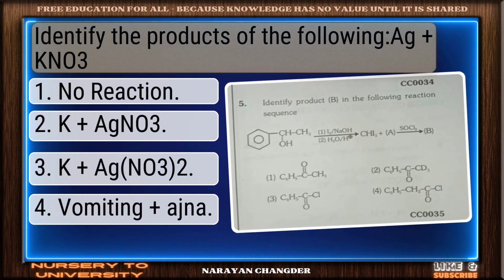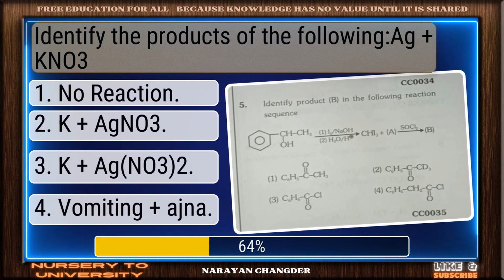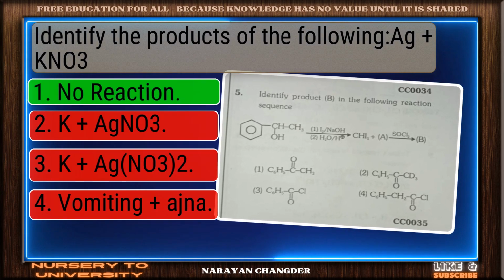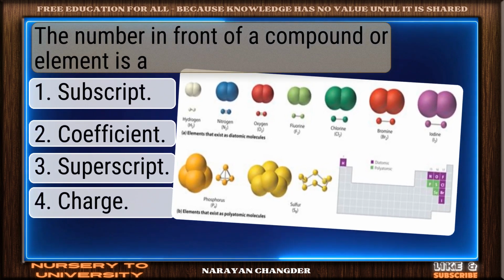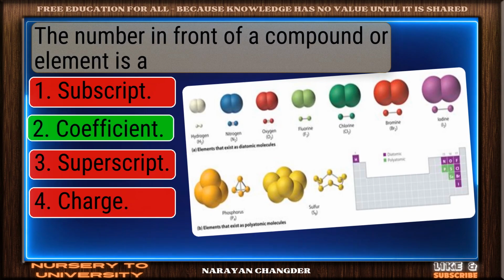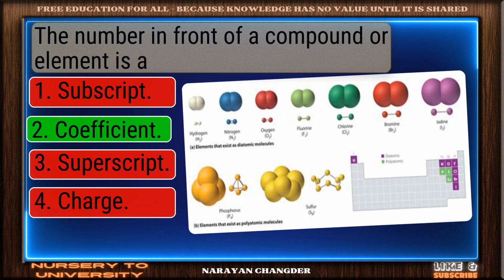Identify the products of the following. Ag plus NO3. Correct. No reaction is the right answer. The number in front of a compound or element is a. Correct response. Coefficient is the most accurate answer.